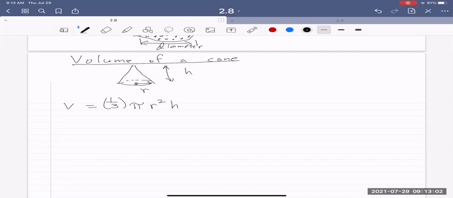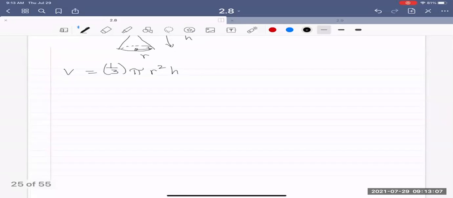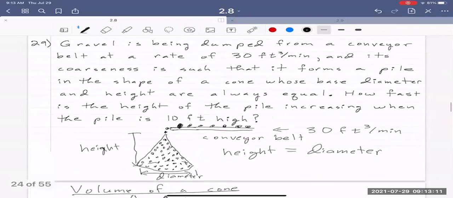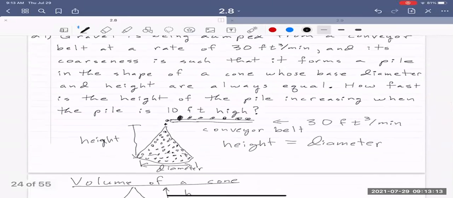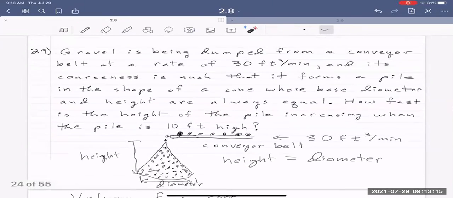In our particular situation, let's write down what we know.